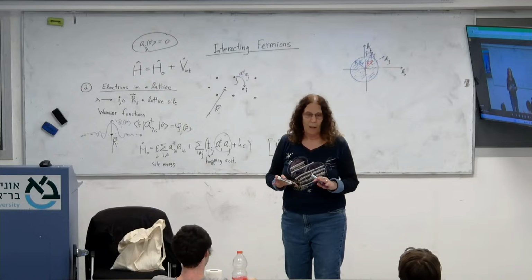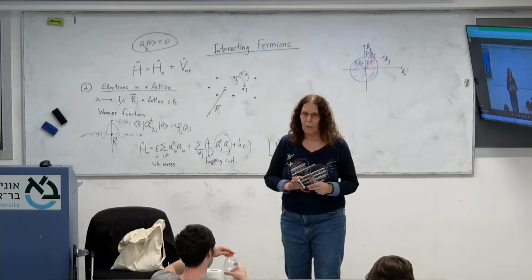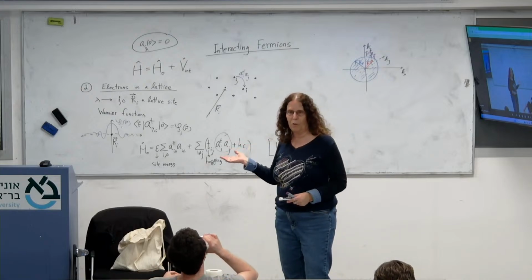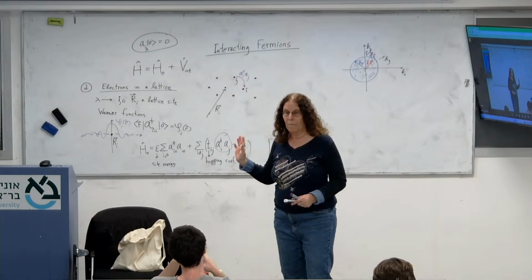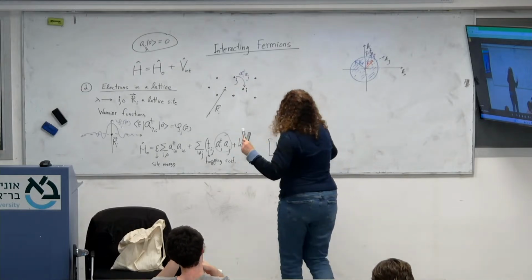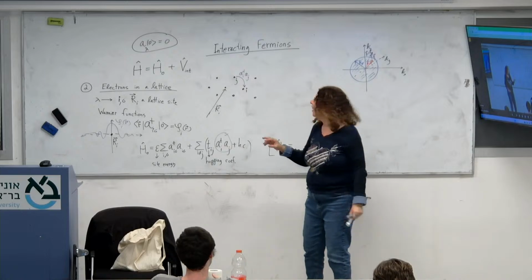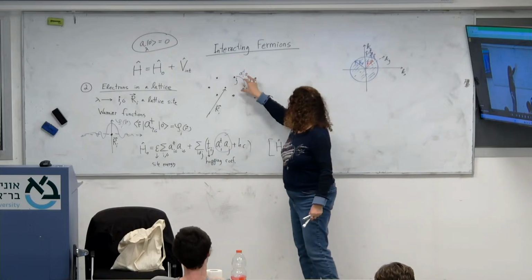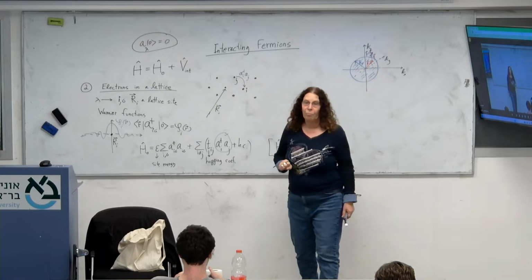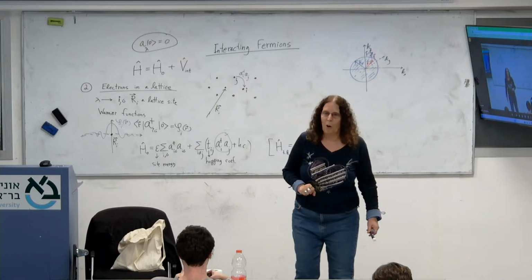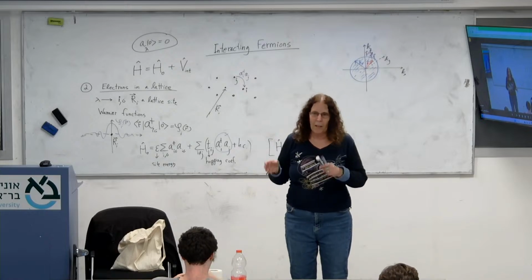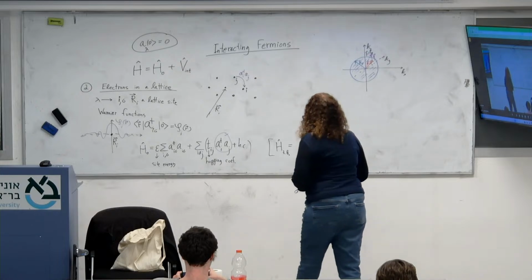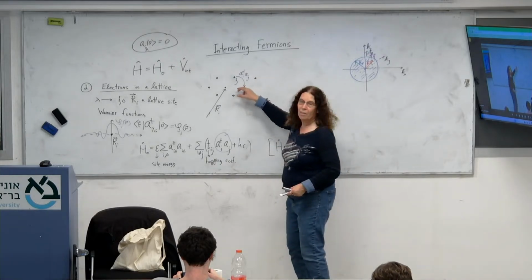I'm discussing a static problem. Of course, you can use this language to compute time evolution. When I say process, you think of a scattering, something that happens with time, but it is just an operator that promotes a particle from one site to another. And its conjugate is the opposite.